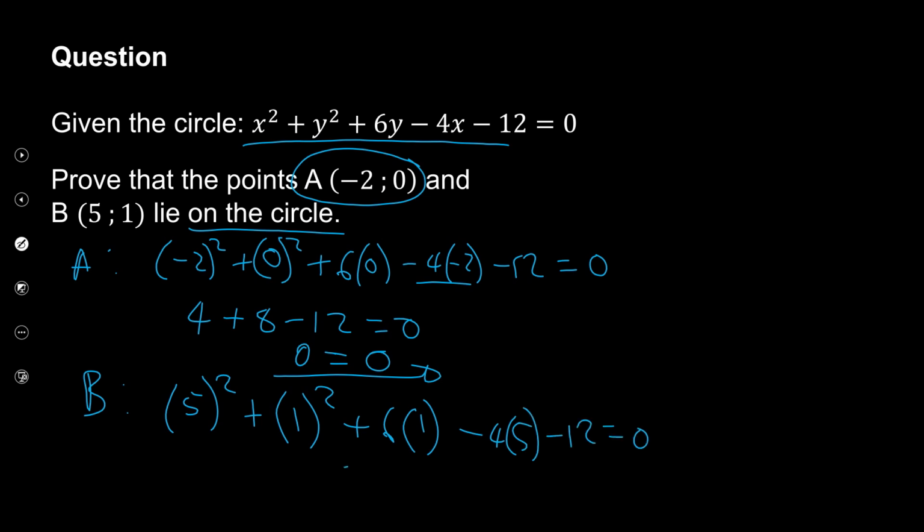And then you will see this will also give you 0 is equal to 0 as soon as you simplify this particular question. So please do try that. And that's how you can then show that, or that's how you can prove that they lie on the circle. Or you can just substitute the minus 2 and solve for y, it must give you 0, and substitute the 5 and solve for y, it must give you 1.